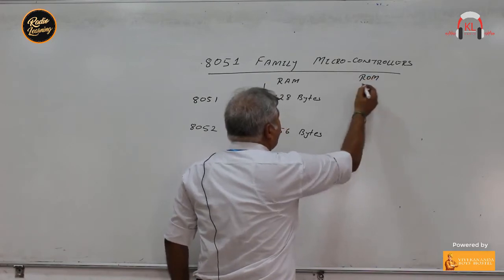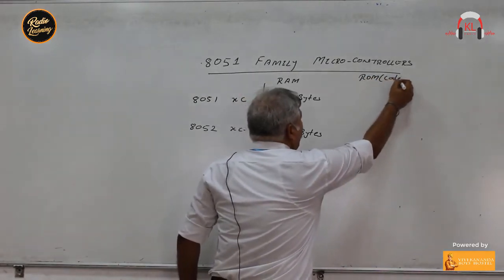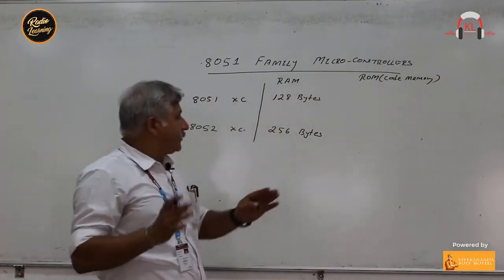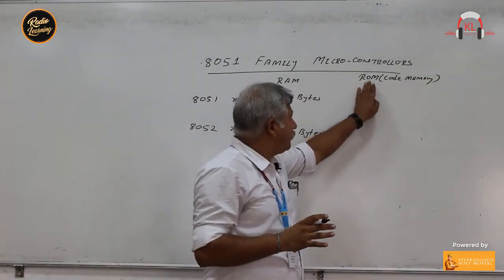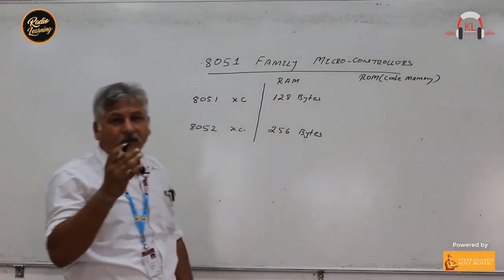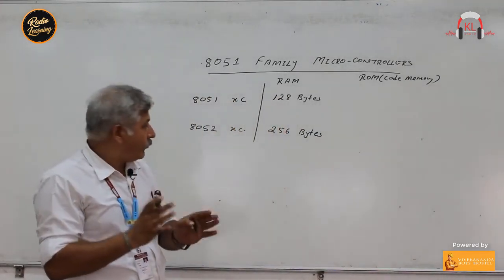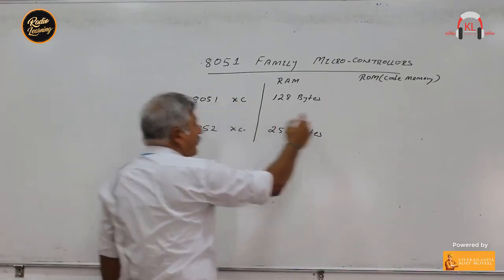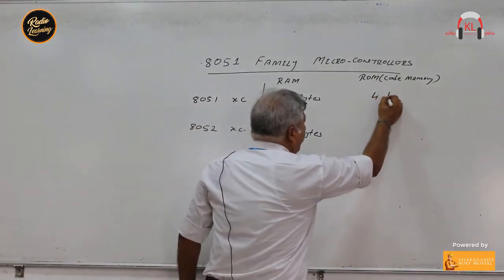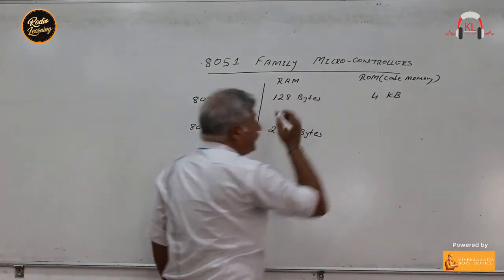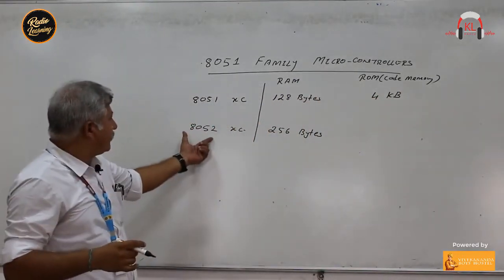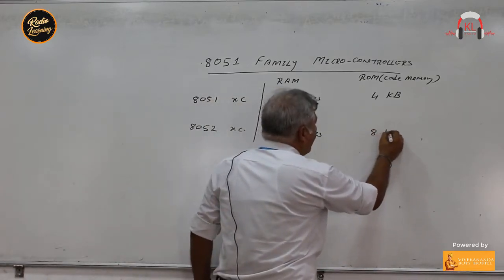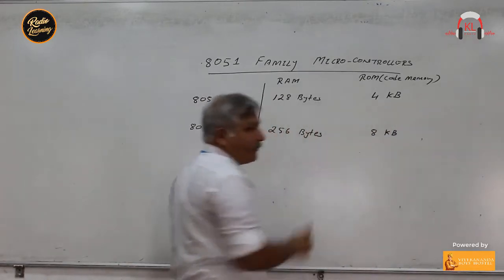Now come to ROM or code memory. As I discussed, code memory is the memory where we will store our program code. The size of ROM in case of 8051 microcontroller is 4 KB, and the size of ROM in case of 8052 microcontroller is 8 KB, right?